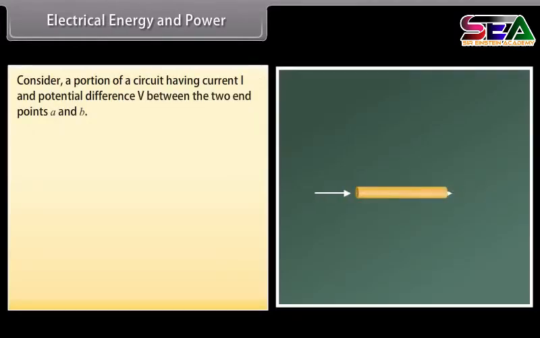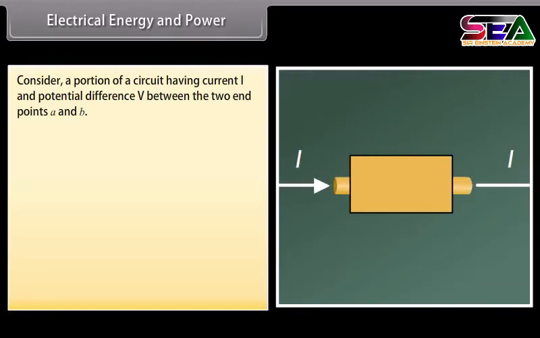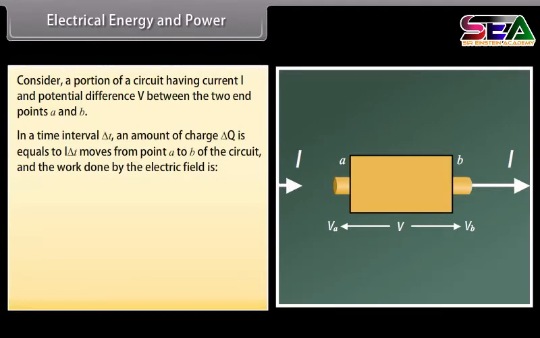Electrical energy and power. Consider a portion of a circuit having current I and potential difference V between the two endpoints A and B. In a time interval delta t, an amount of charge delta q = I delta t moves from point A to B of the circuit, and the work done by the electric field is equal to the product of V and delta q, which is equal to V I delta t.